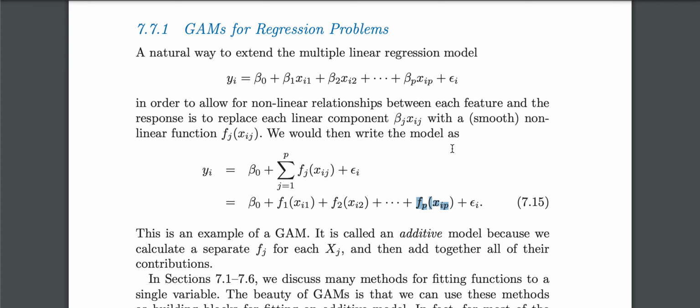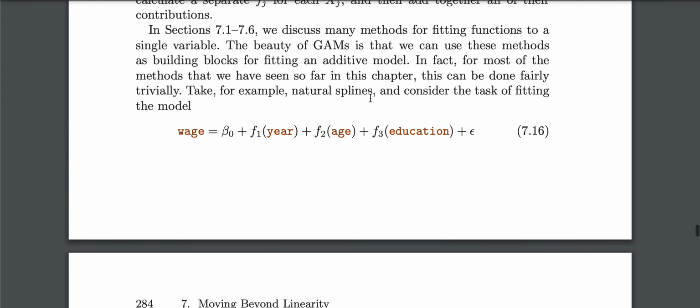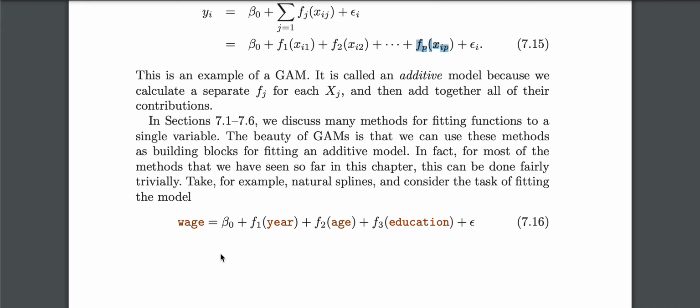Okay, so for example, we want to predict wage based on year, age, and education, and we believe that wage can be expressed as some sort of function of year. We don't know what that function is. Some sort of function of age and some sort of function of education.